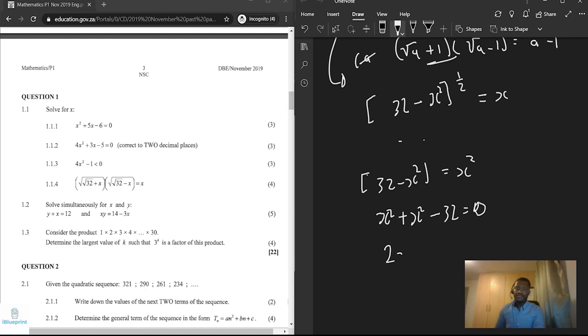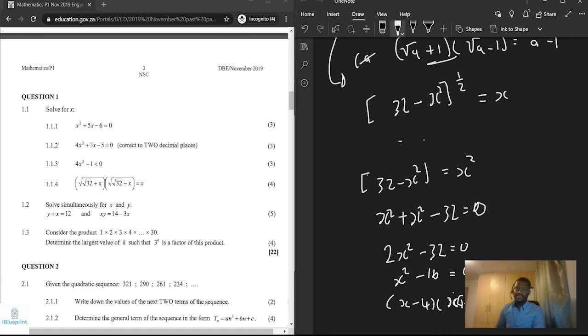So you have 2x squared minus 32 is equal to 0. If you divide by 2 across, you're going to have x squared minus 16 equal to 0, which, using the same logic that I outlined earlier on, you can simplify to x minus 4, x plus 4 equal to 0.